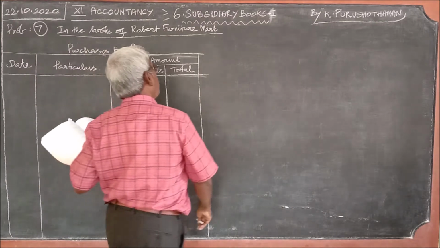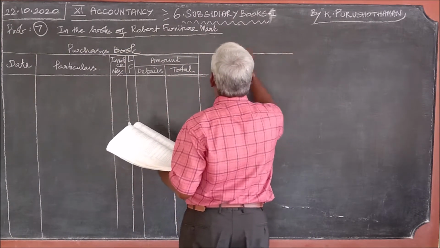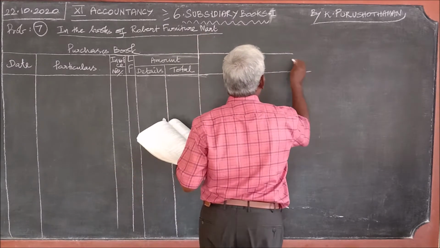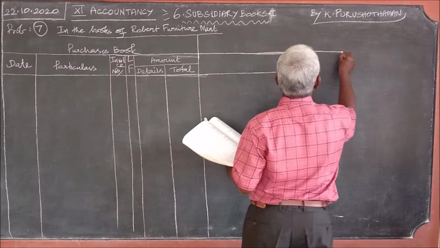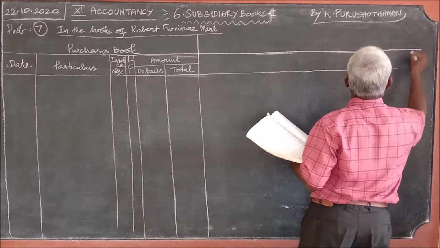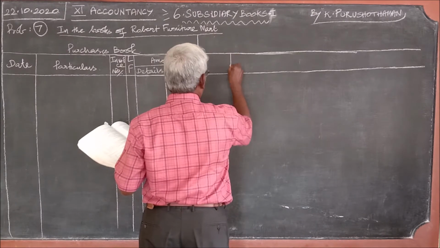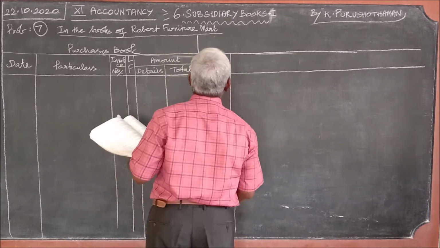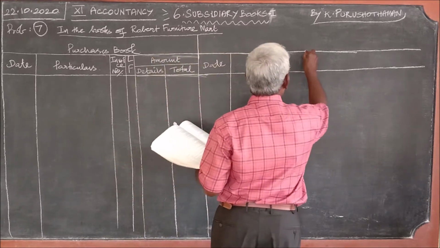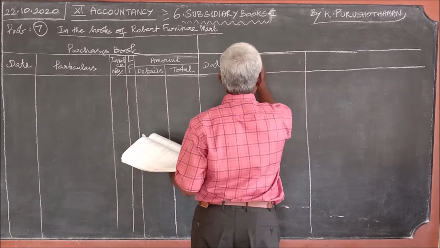Then another book we have to prepare is the purchases return book. Date, the first column is the same. The second column is also the same, particulars.